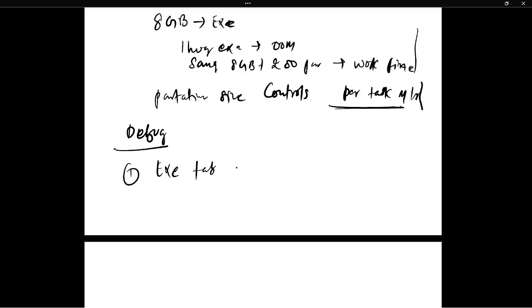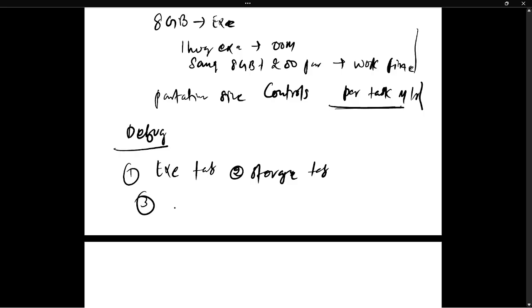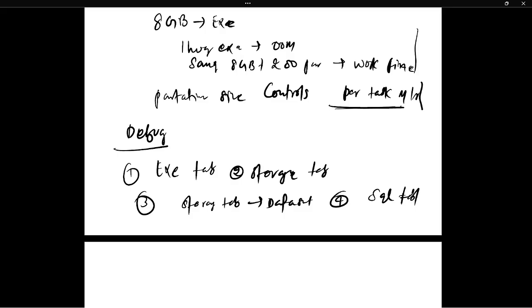Then we need to see the storage tab, the storage tab for datasets. Then we need to see the SQL tab for joins and all. If you follow this approach, definitely you will solve your problem.